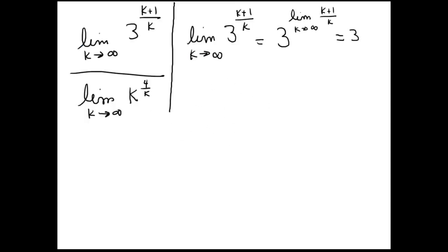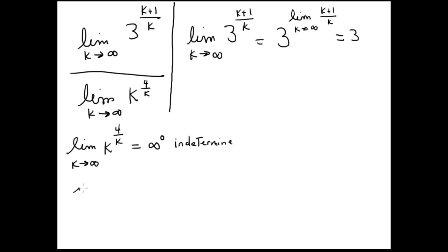Okay, let me copy that. This is a limit as k approaches infinity of k raised to the 4 over k. This is infinity raised to the 0 power. This is indeterminate. And this indeterminate form is one where you need to apply the logarithm on both sides.